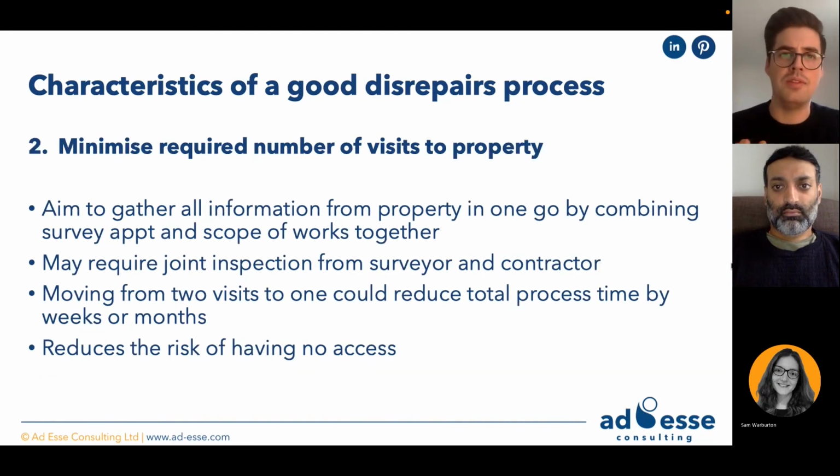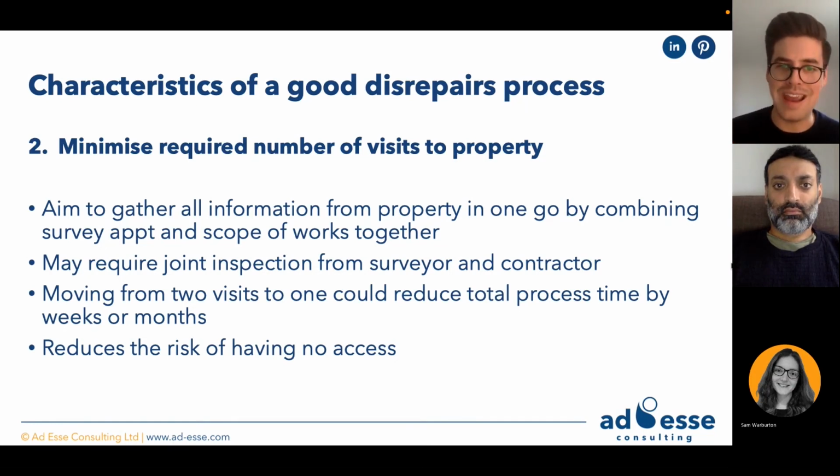Another thing to consider for a disrepairs process is looking to minimise the number of visits that we have to the property itself. So the main aim should be to gather all the required information for the property in a single go. And that might mean combining the initial survey appointment with the scope of works appointment as part of the same exercise.